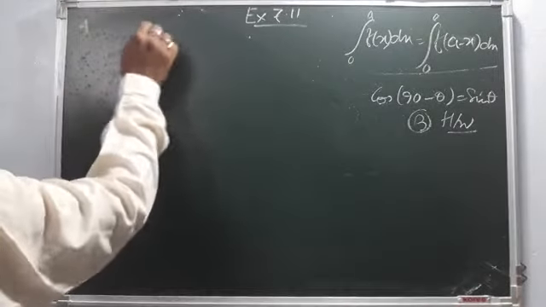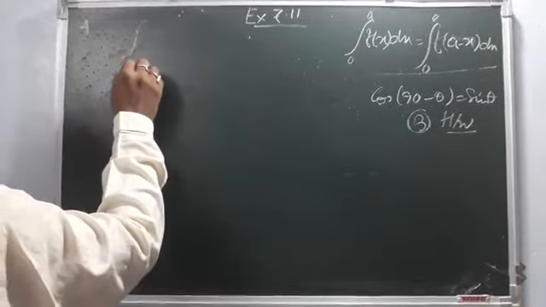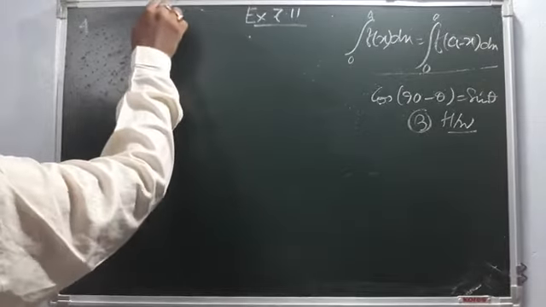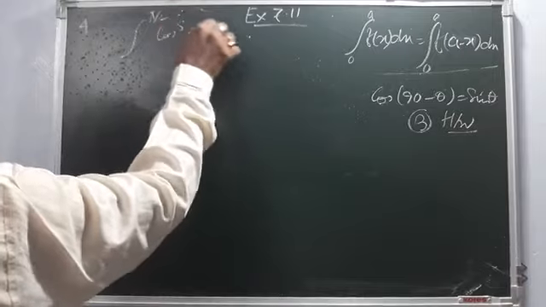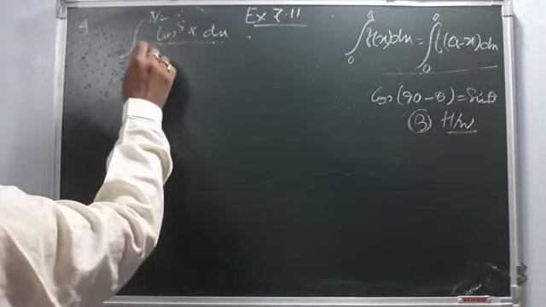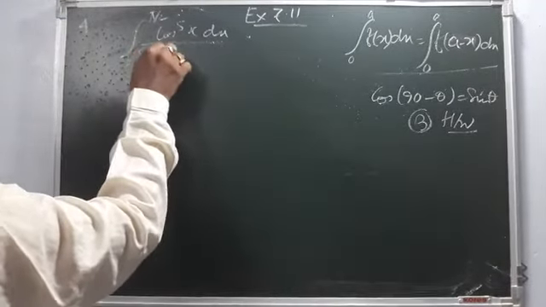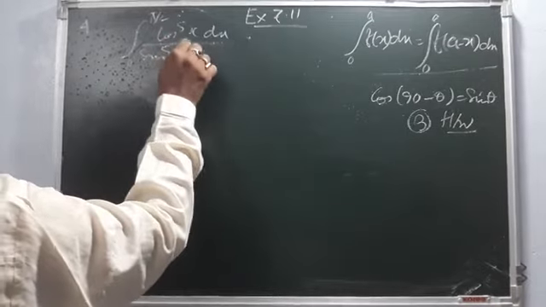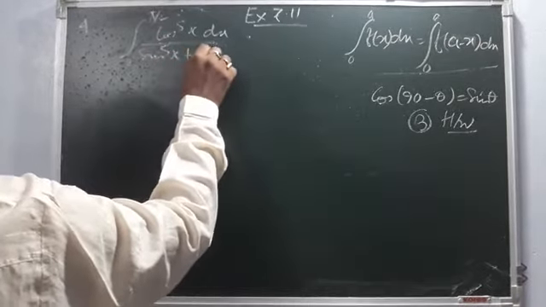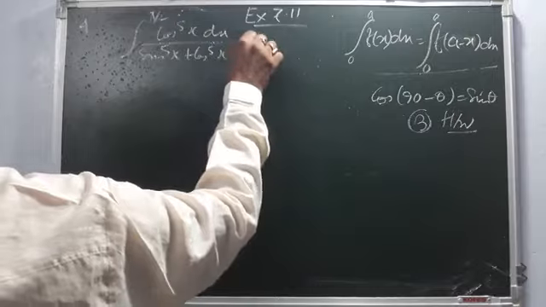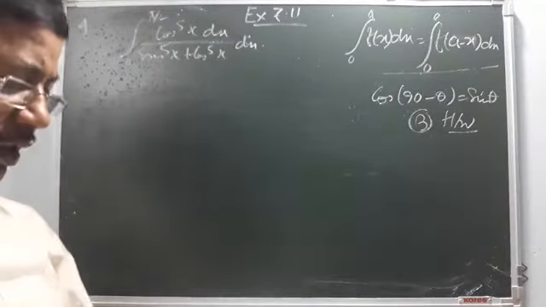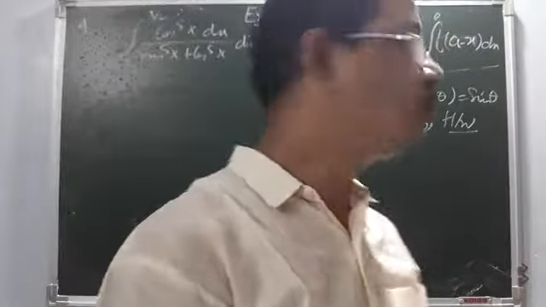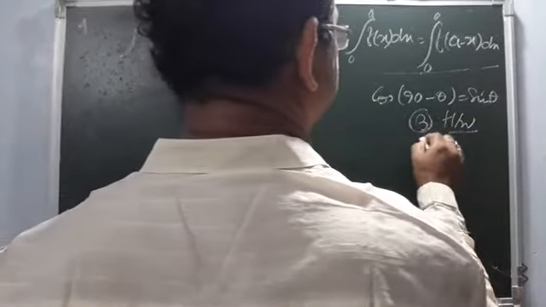Here it is, integration 0 to 90 of cos 5x dx plus sin 5x, here 5x means 5. So it is also similar type, and yes, I want this one also as your homework. So this is also your homework.